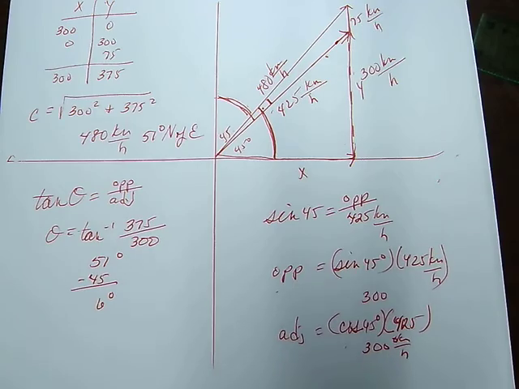So you could take 51 from 90 and get the other one. This entire thing is a resultant.